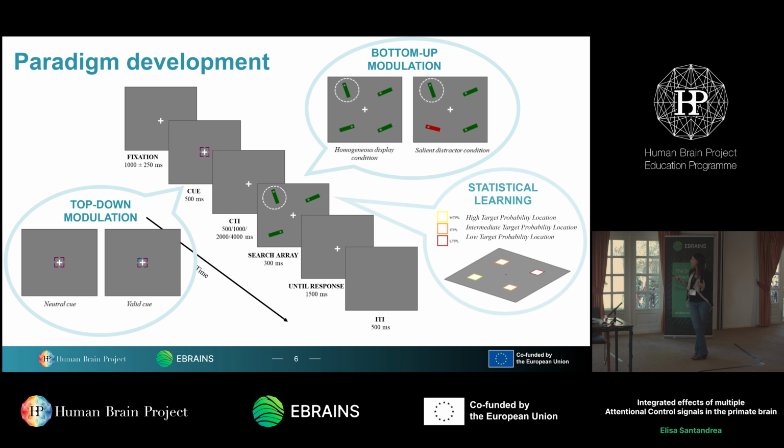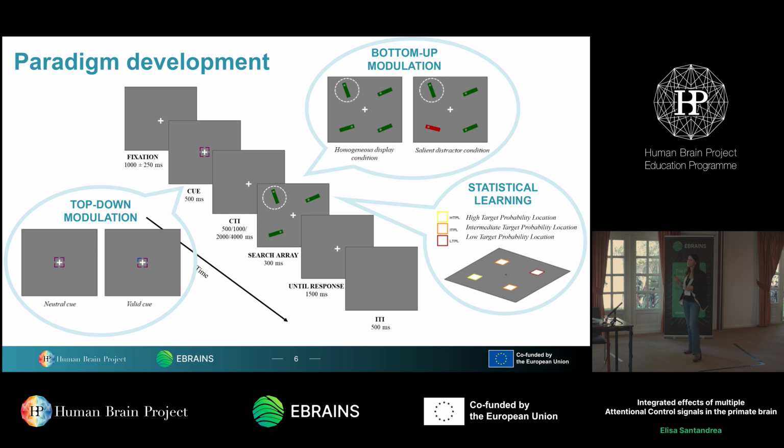And the third manipulation was about statistical learning, and we had also other ones, but I'm just giving you a few examples. Statistical learning was a manipulation of target frequency across the 4 locations. So we had different percentages with which the target could appear in the different locations, resulting in high, low, and intermediate frequency locations.